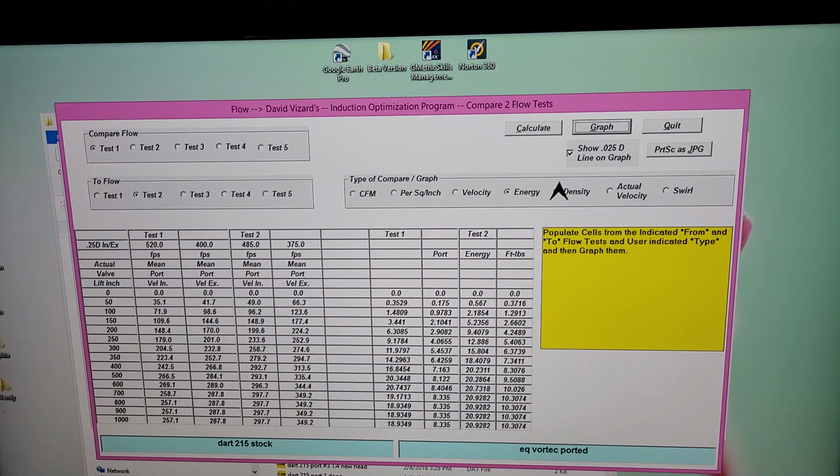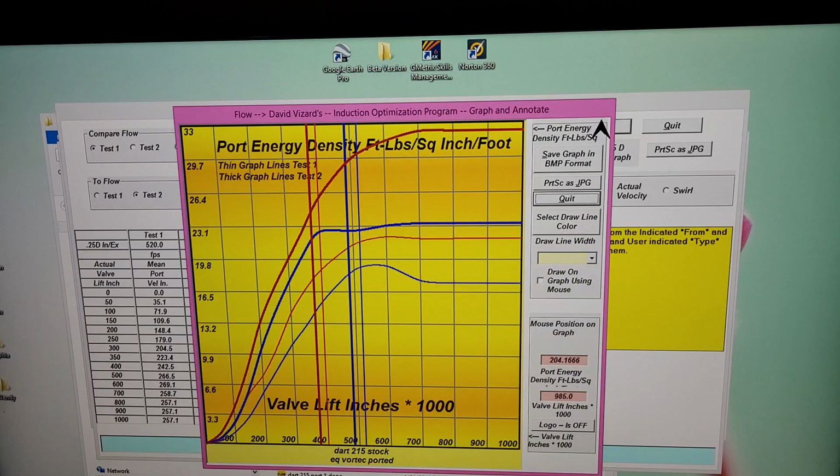Port energy density. This is a similar calculation, but it eliminates the length of the port from the equation. This is port energy in foot-pounds per square inch per foot of port length.